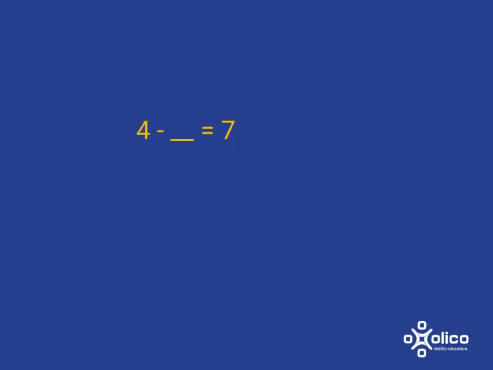Let's look at how we might deal with a scenario like this one, where we are asked to fill in the gap. So what we've got is 4 subtract something has to get us to 7. Now, 7 is bigger than 4. So to get from 4 to 7, we have to go up. But what we have here is subtraction. And subtraction generally means we go down.